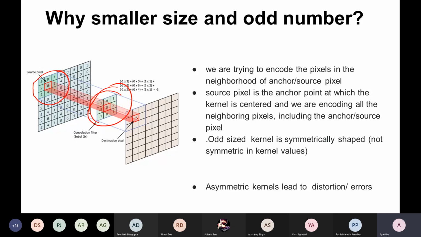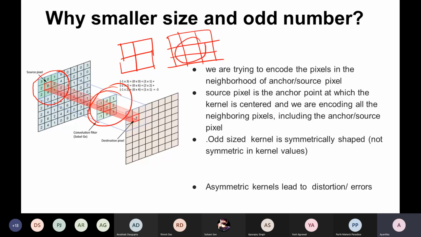Otherwise, what will happen? If you consider a 2x2 filter, you cannot identify the center properly. Whereas when you consider 3x3, you can consider the symmetry of the shape and the centralized behavior.